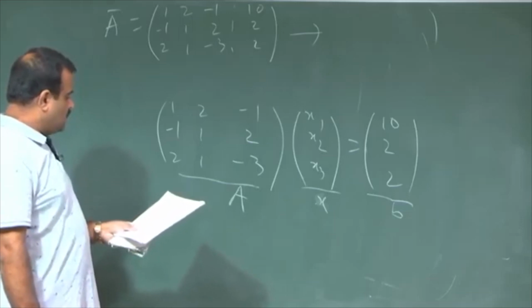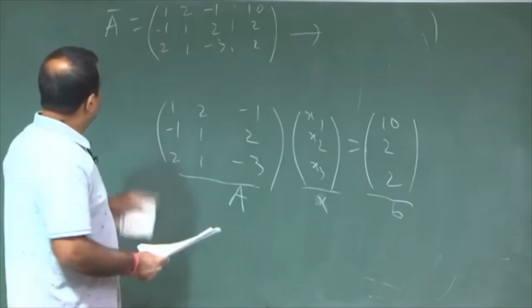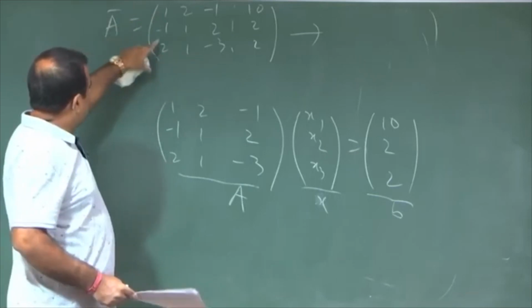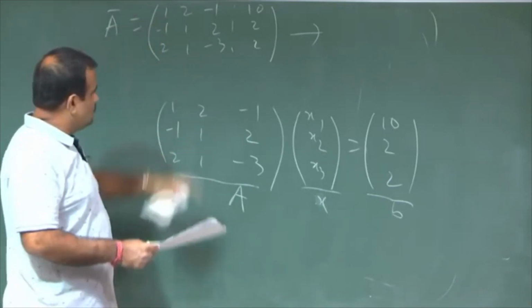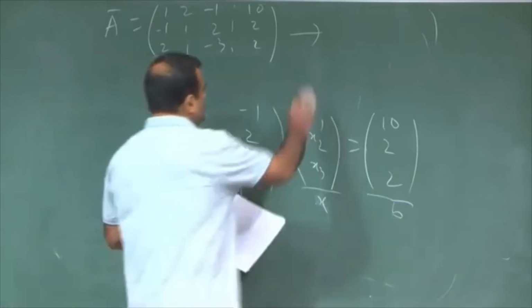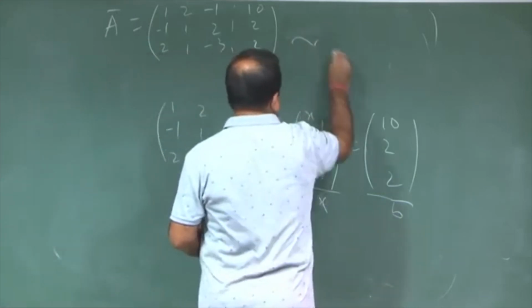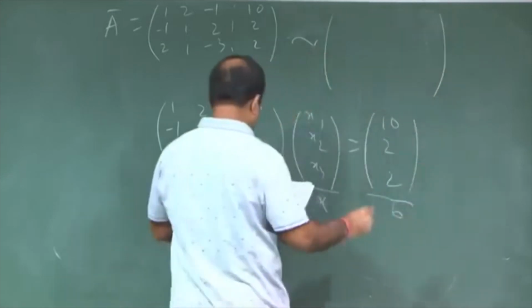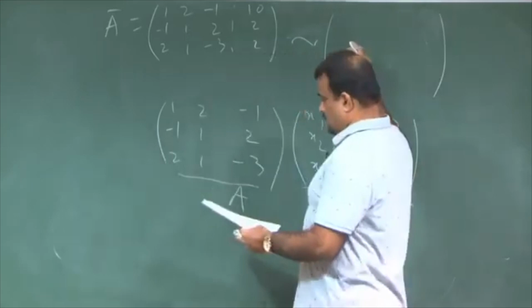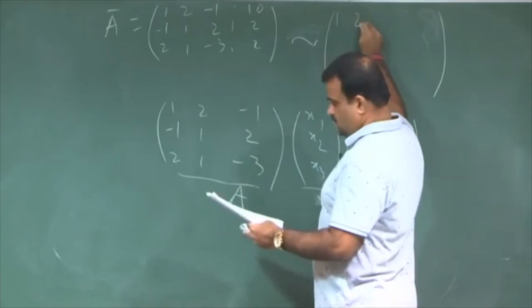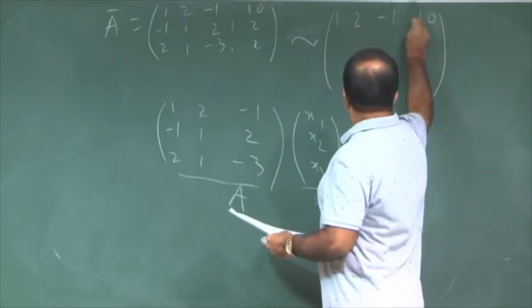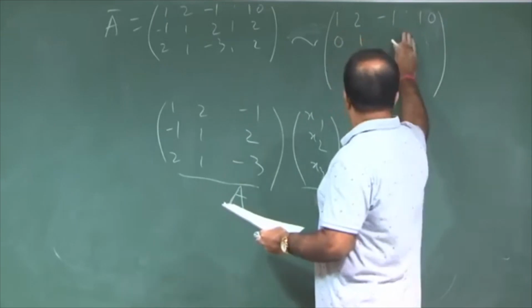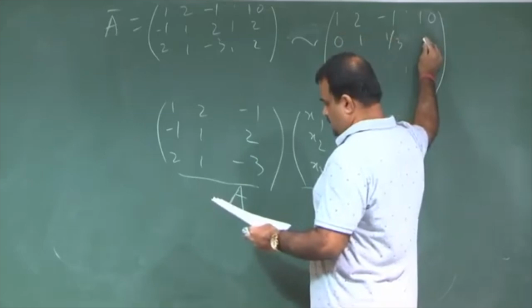If we do the row operations, we first multiply this row with 2 and subtract from this row, and then we can add this and this. Like this, if we do the row operations, eventually we will get this row reduced equivalent matrix: 1, 2, minus 1, 10; 0, 1, 1 by 3, 4.